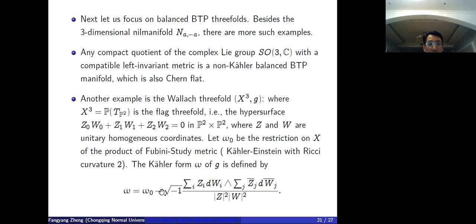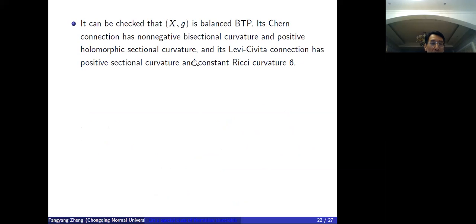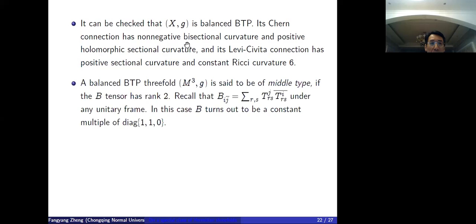So this is a Hermitian metric, still positive definite. One can check that this non-Kähler metric is balanced and BTP. It has nice curvature behavior. For example, its Griffiths curvature is non-negative, its Riemannian curvature for the Levi-Civita connection is Einstein, and it also has other nice curvature properties.